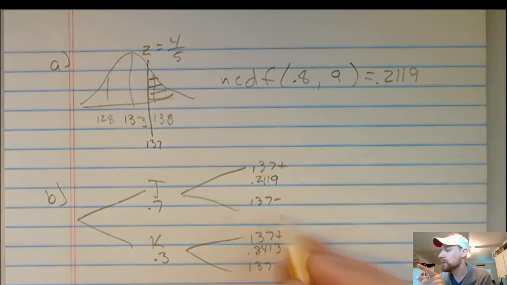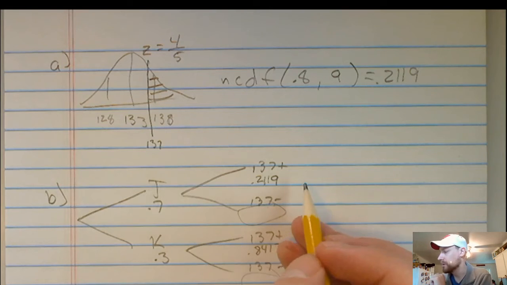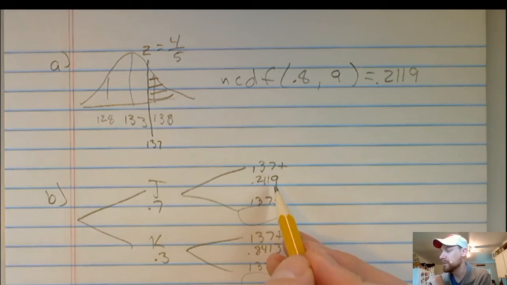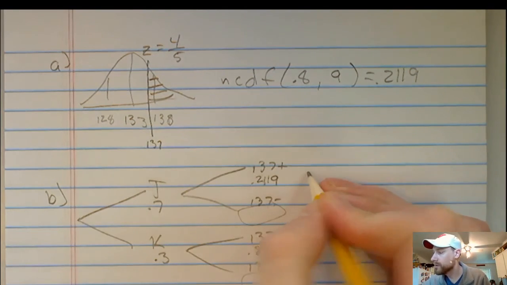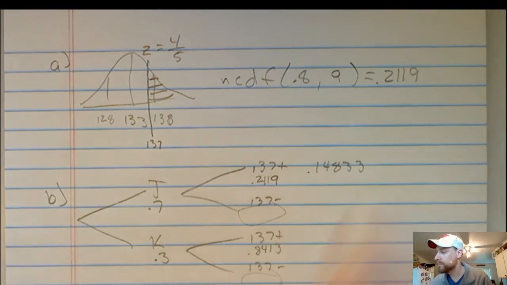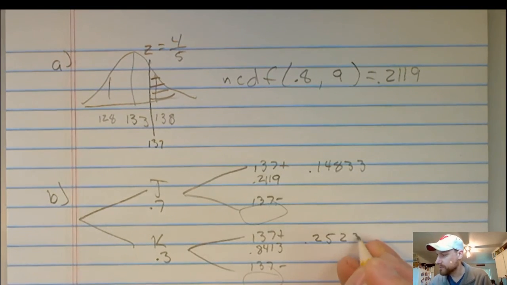0.8413. We could calculate these probabilities if we wanted to, but we don't actually need them because we're only concerned with the overall probability that it's greater than 137 millimeters. So to find the probability, 0.7 times 0.2119, which is 0.14833, and 0.3 times 0.8413, which is 0.25239.